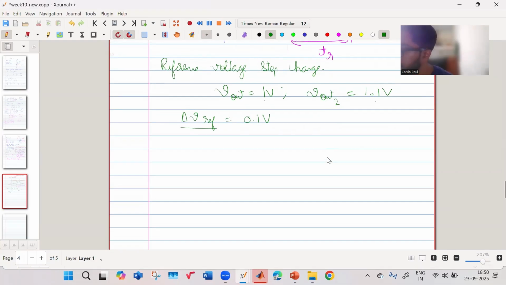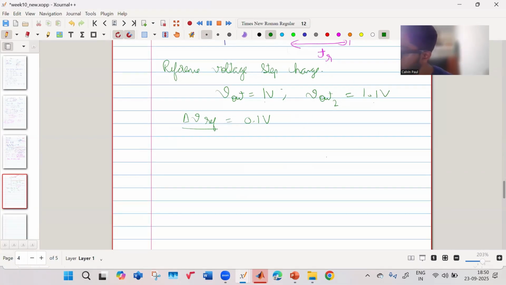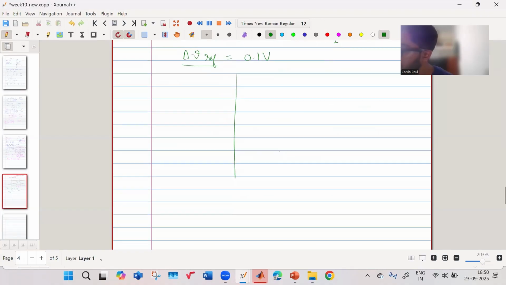Let's say over here, your inductor current was going on like this.